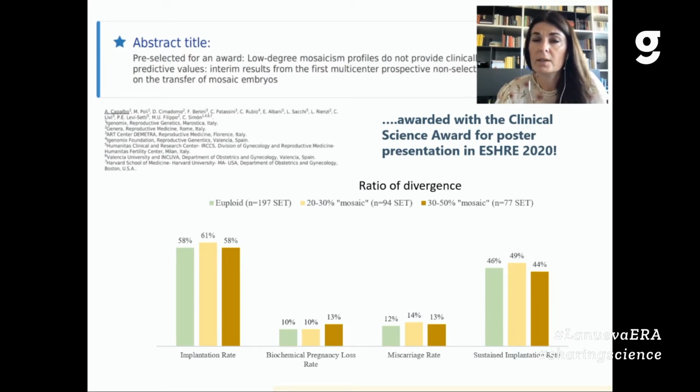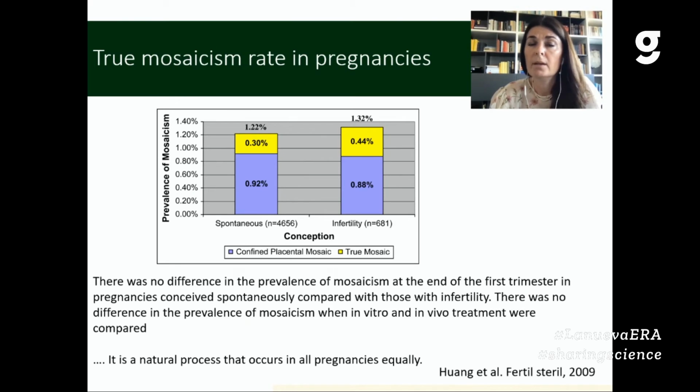So mosaicism exists, but has a low impact on pregnancy. The real mosaicism in newborns is about 0.4, 0.3, and this is exactly the same in spontaneous conception and in infertility. So it seems to be a natural process that occurs in all pregnancies.